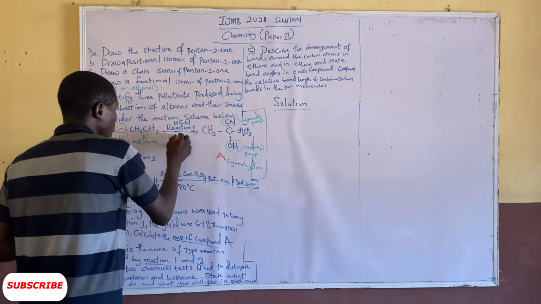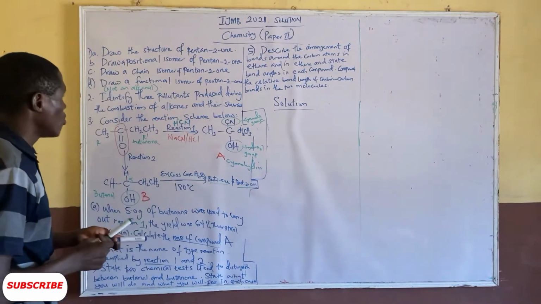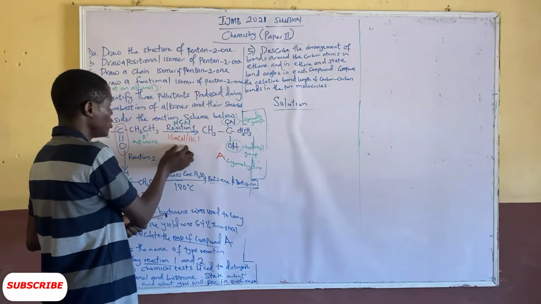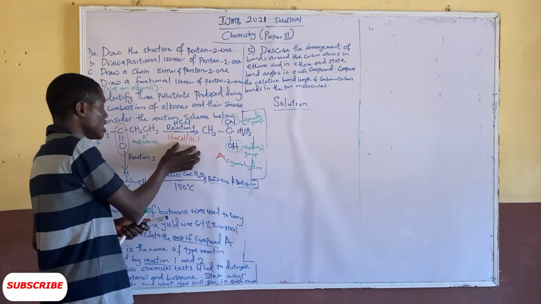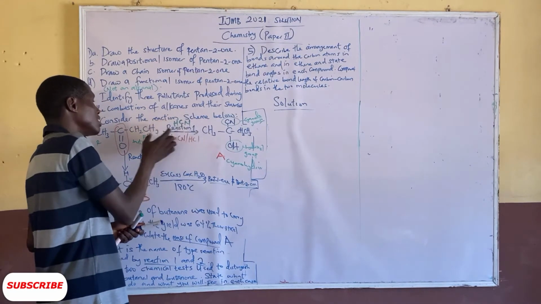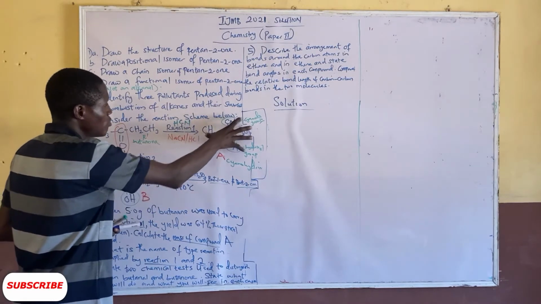The addition of hydrogen cyanide is as a result of sodium cyanide and hydrochloric acid. When you add sodium cyanide and hydrochloric acid together, you use it as a reagent. It will give us hydrogen cyanide. And hydrogen cyanide, when added to butanol, will give you cyanohydrin.